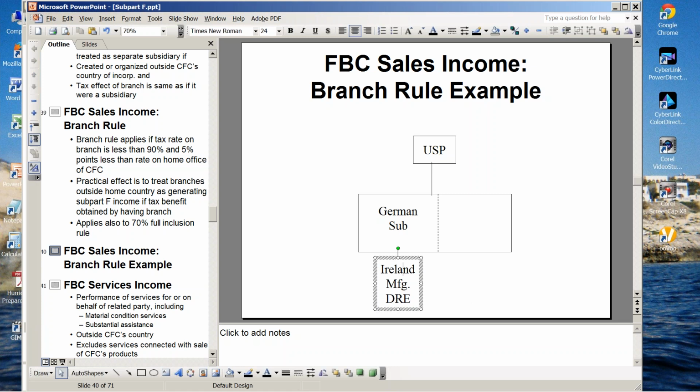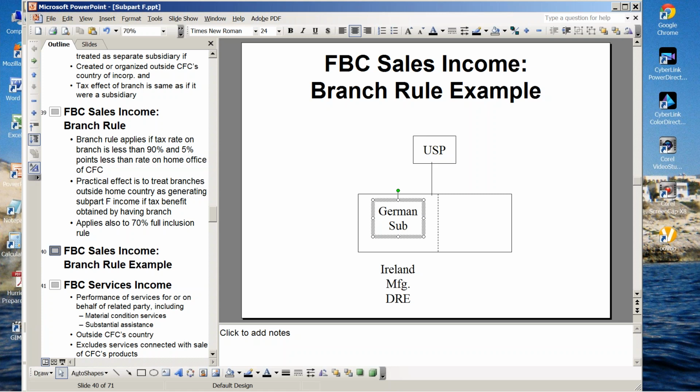That we have the Ireland disregarded entity and the German sub together involved in something that generates Subpart F income. Remember, with a disregarded entity, the activities, income, deductions, and employees of the disregarded entity are treated as those of the owner of the entity.